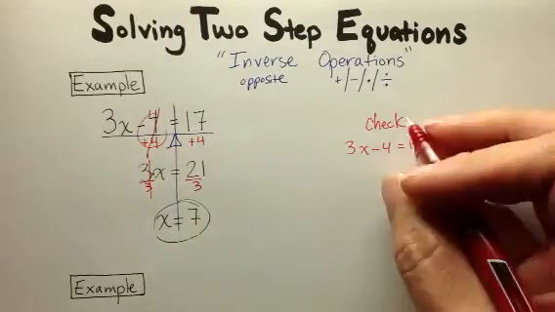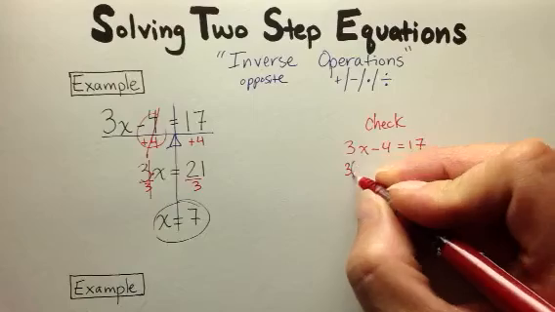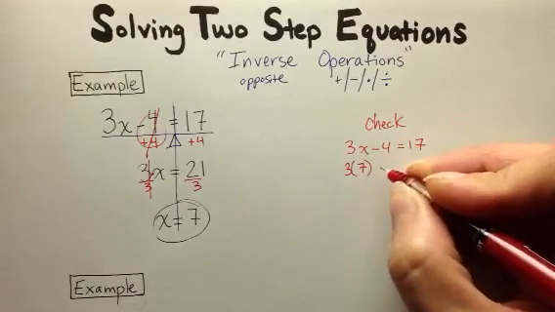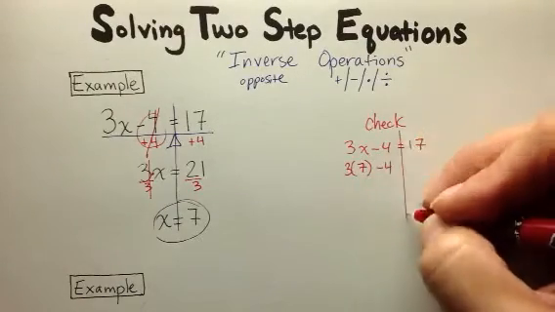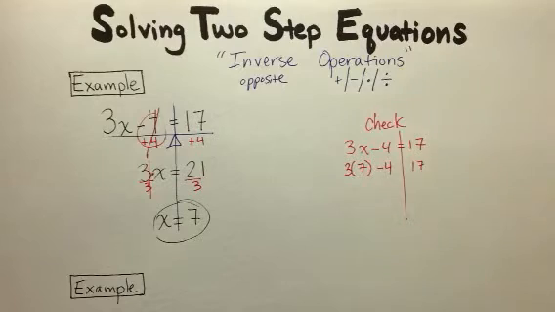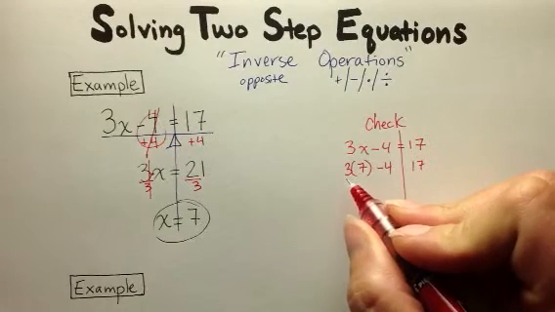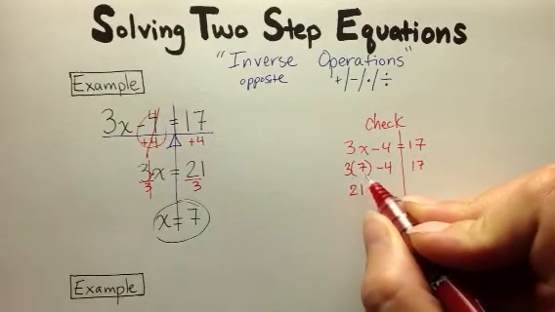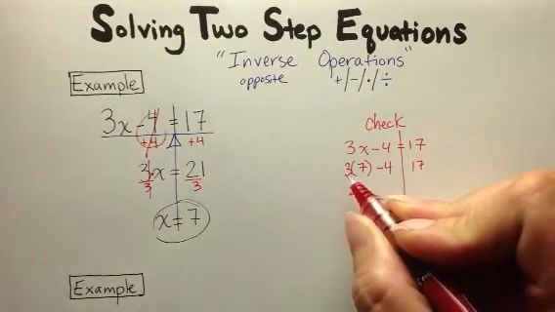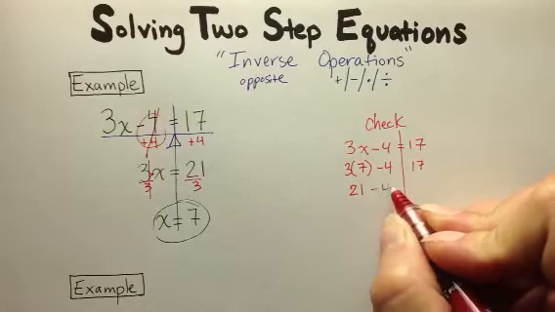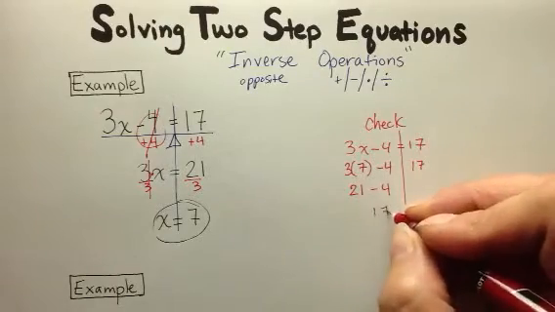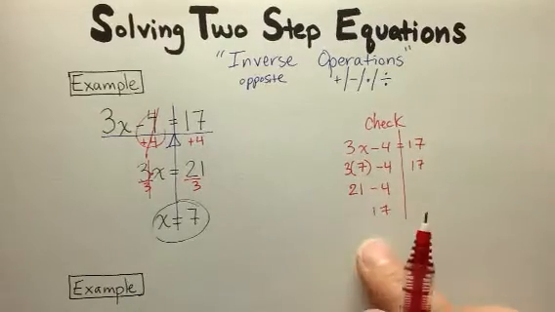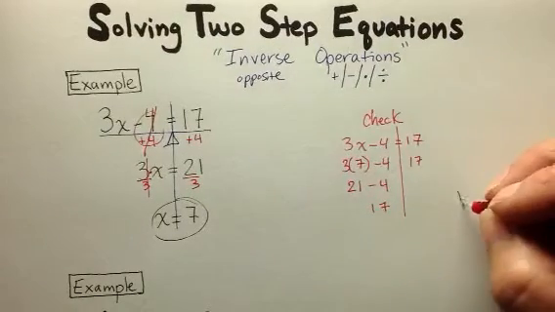My x was 7, so I'm going to substitute 7 in for x, minus 4. The right side, there's nothing to do here, it's just 17. Order of operations, parentheses first. Actually, this is not parentheses, multiplication. 3 times 7 is 21, and 21 minus 4 is 17. So my left side and my right side were equal, so I know it's right.